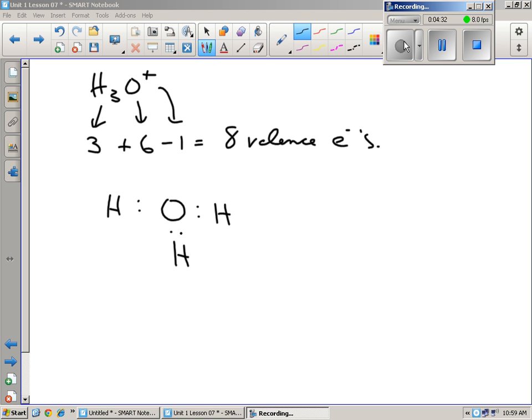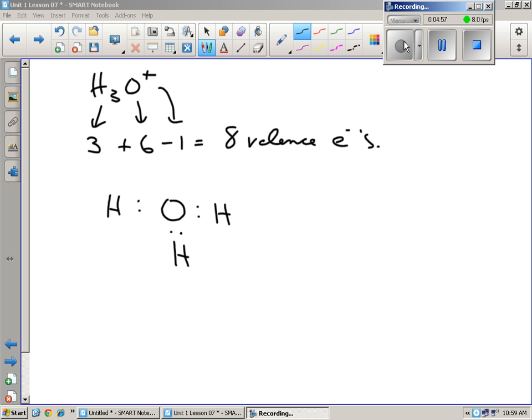So, how many electrons did I use so far? 1, 2, 3, 4, 5, 6, yes? So I've used 6 electrons to fill in those bonds between the atoms. That was step 4 here. If you flip over to the second page, it says, place lone pairs of electrons around all the atoms except the central atom to form an octet. Sorry, that's this one here.